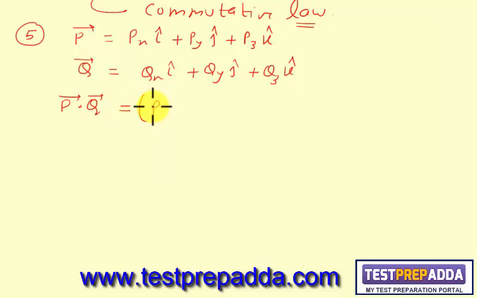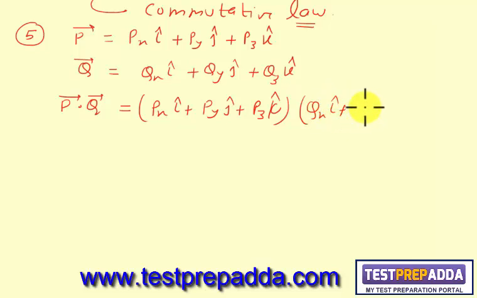I will write this as px i cap plus py j cap plus pz k cap and qx i cap plus qy j cap plus qz k cap. Now I'll multiply: this px i cap will be multiplied with all three of the second. Similarly, py j cap will be multiplied with all three, and pz k cap will be multiplied with all three.